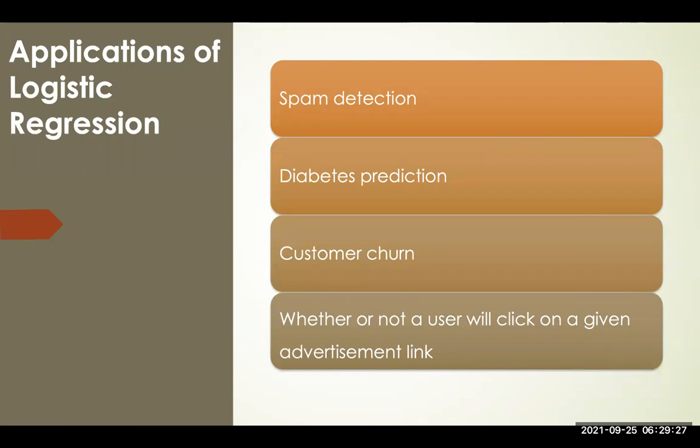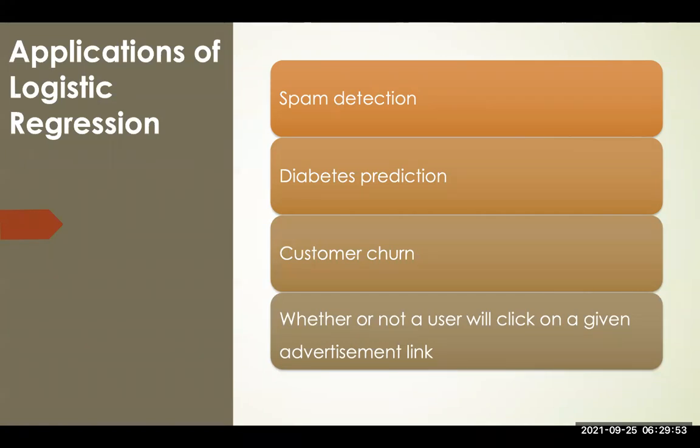Like in Nigeria, I know there are different variants of organizations that make detergents. I can't remember most of those names again. Maybe instead of buying one, you want to go for the other one, so you want to predict whether a customer will stop buying a product from this organization in favor of another.